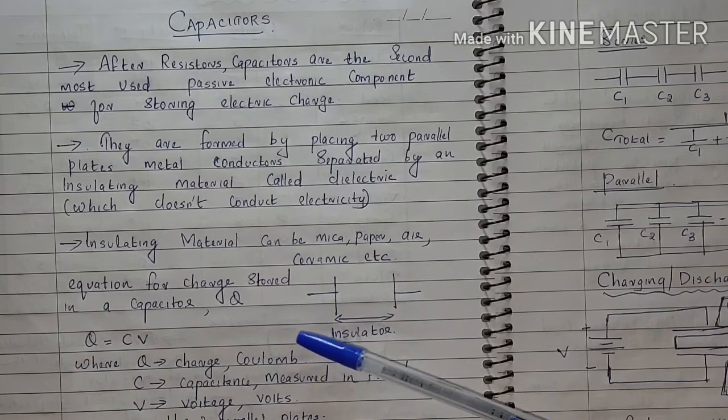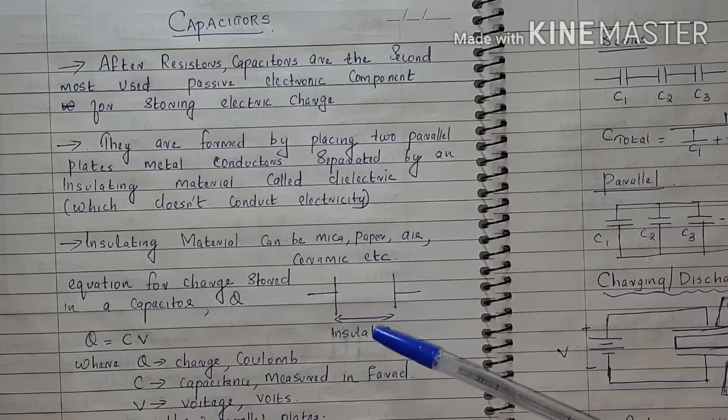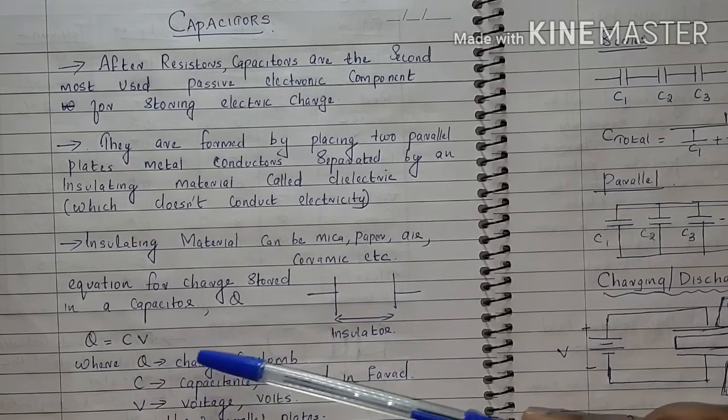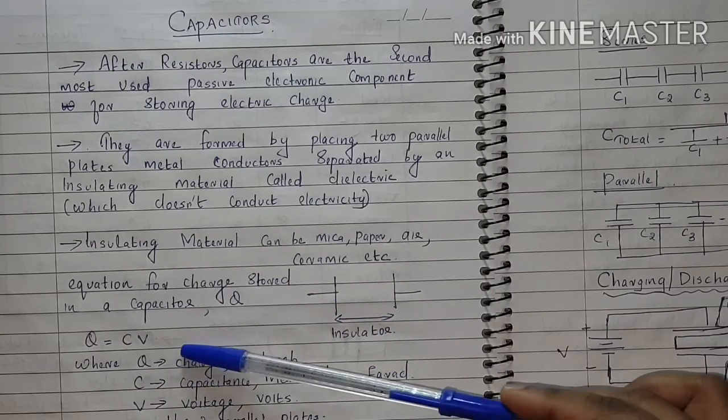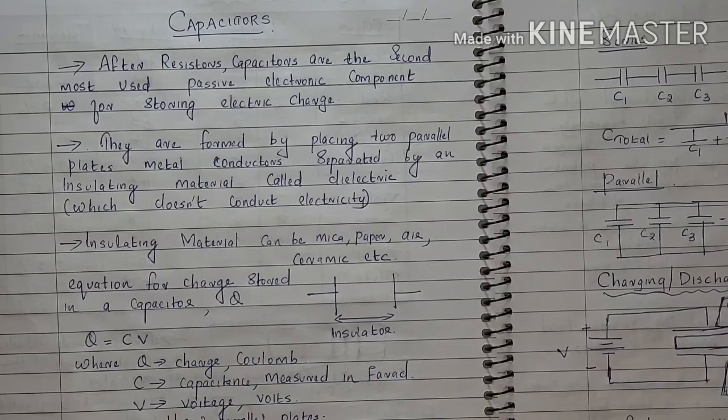The equation for charge stored in a capacitor can be defined as Q equal to C into V, where C is the capacitance which is measured in farad, Q is the charge measured in coulomb, and V is the voltage between two parallel plates which is measured in volt.